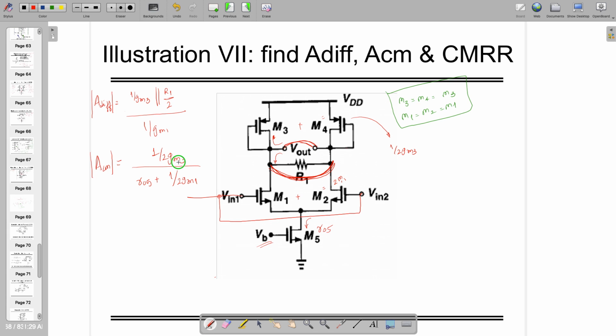If you wish to simplify, you can, and the common mode rejection ratio is nothing but the ratio of these two quantities. But here the main catchy point is the resistance in between. So if there is a resistance in between, or any inductor, any impedance in between, you can apply the AC virtual ground concept and find out the values.